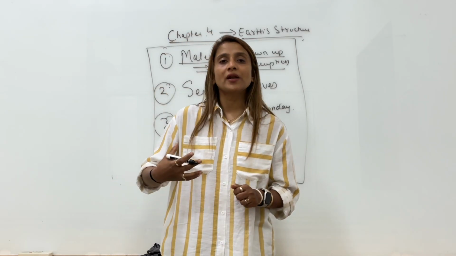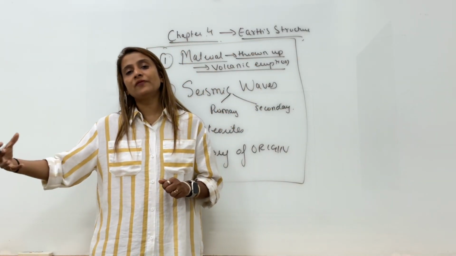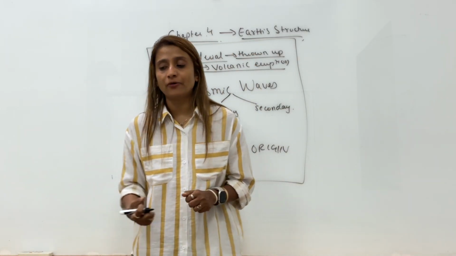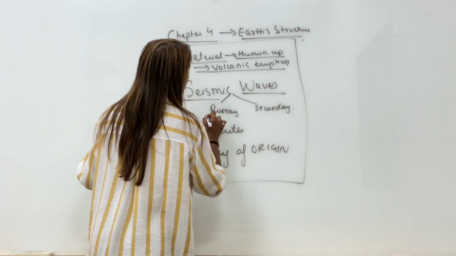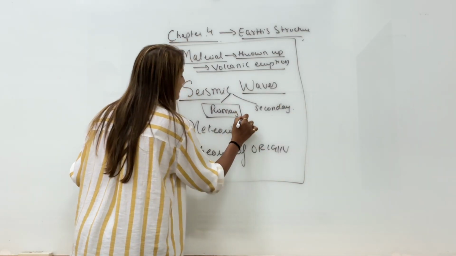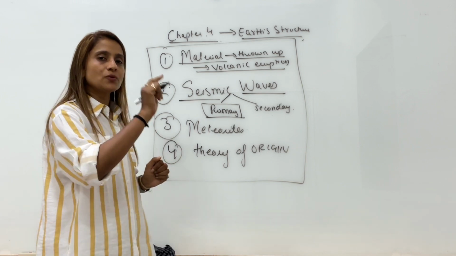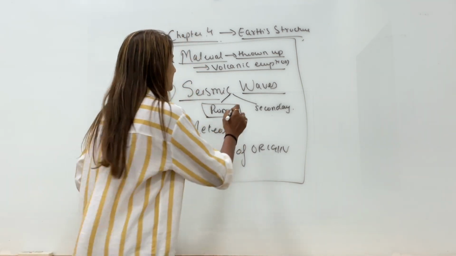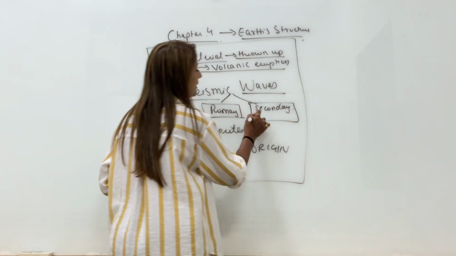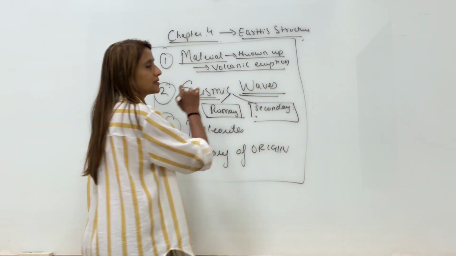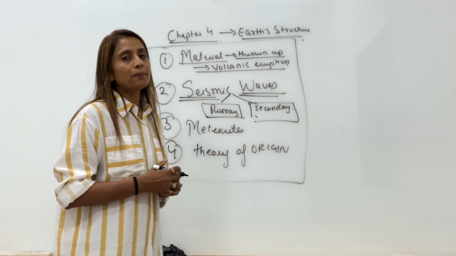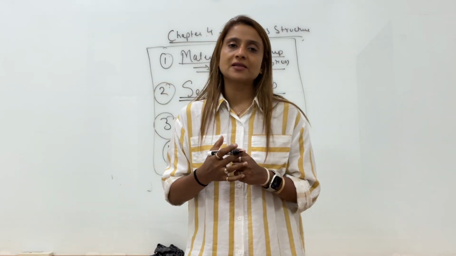So in short, we get to know what is deep inside the earth and what it is made up of. Second, the study of seismic waves, in which primary seismic waves can pass through solid, liquid, gas, but secondary seismic waves cannot pass through liquid, and the waves can be recorded and studied with the help of a scientific instrument called a seismograph.